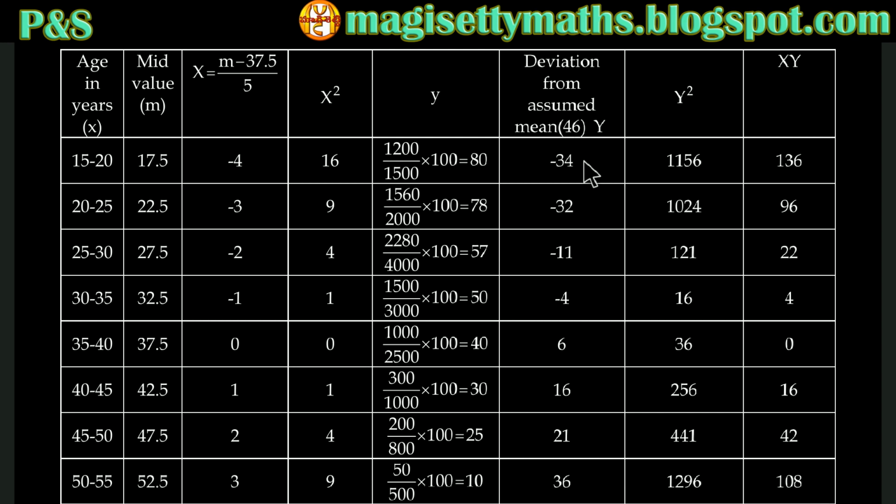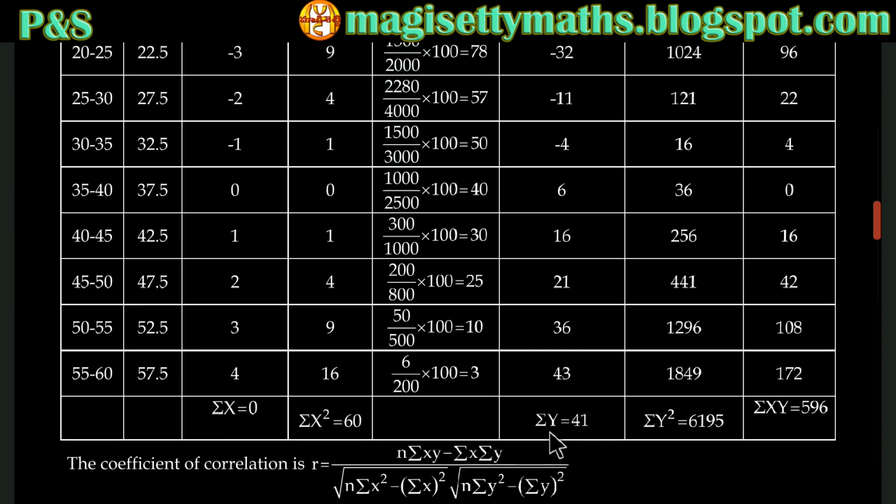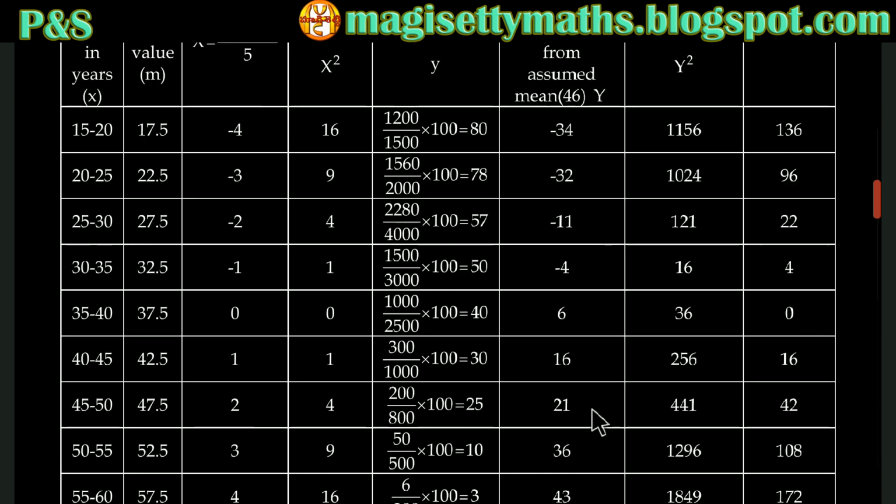Now evaluating deviation, 46 minus 80 gives minus 34, 46 minus 78 gives minus 32, 46 minus 57 equals minus 11, and so on. Evaluating, that gives summation y equals 41.